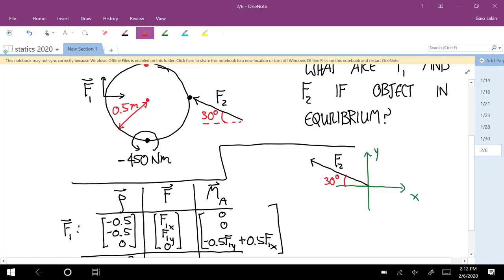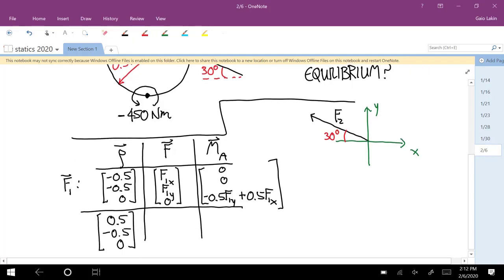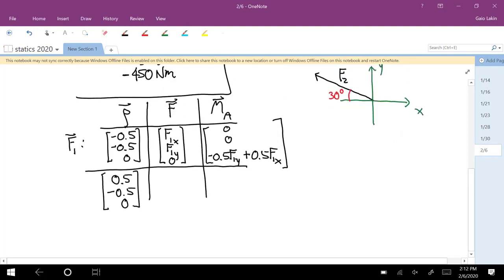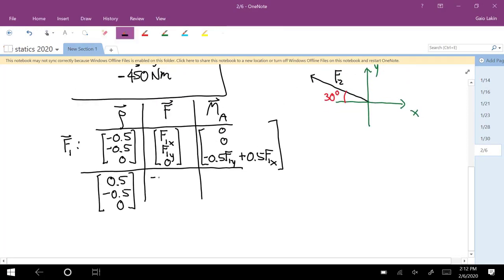So from the positive x-axis, that's 180 minus 30, so 150. And so this force vector is negative 0.866 F2, positive 0.5 F2, and then 0 for z.